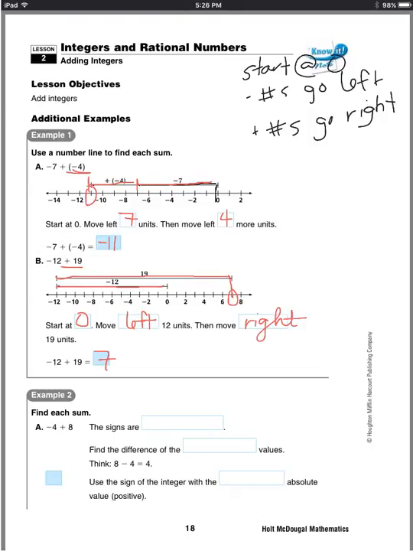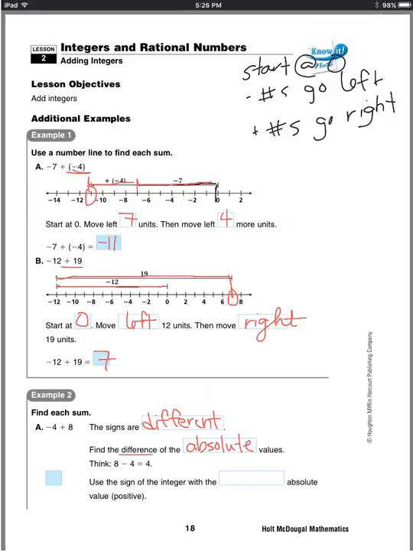Okay, on example 2a, we have -4 plus 8. The signs are different. So we are going to find the difference of the absolute values. So we're going to think 8 minus 4.